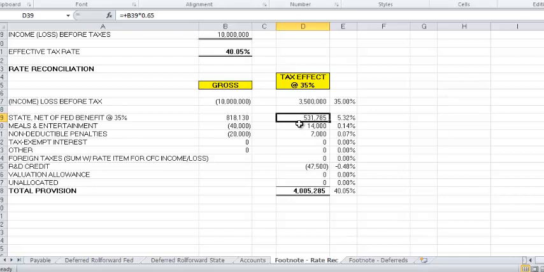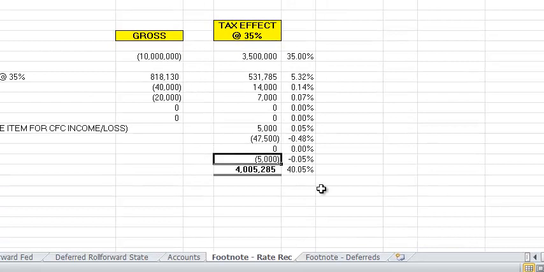And I have perms for meals and entertainment and penalties, and a perm for a credit. And then boom. There's a little formula in here that just takes the answer and plugs to some difference. And so if you put something in here wrong, it would just automatically force it back to be right. But if you do that on the exam, you do not get credit for that.